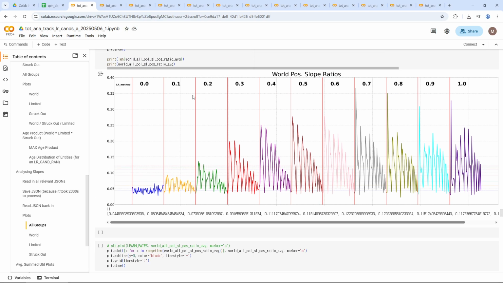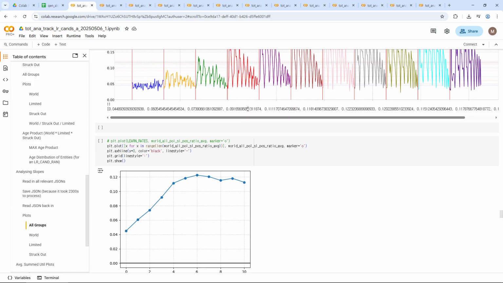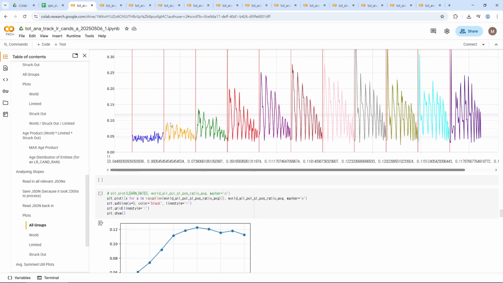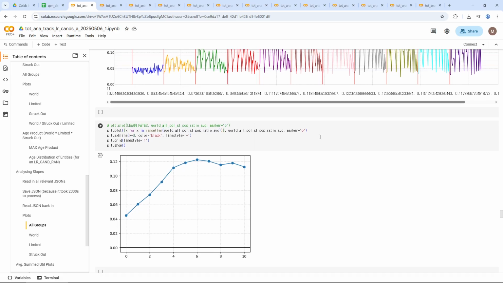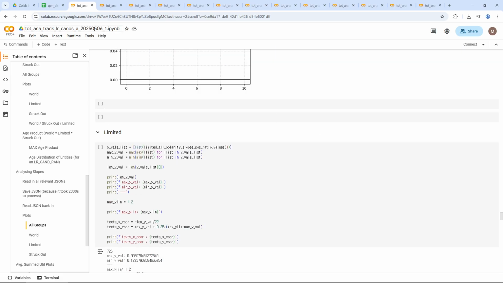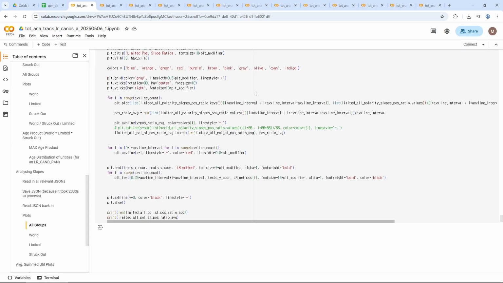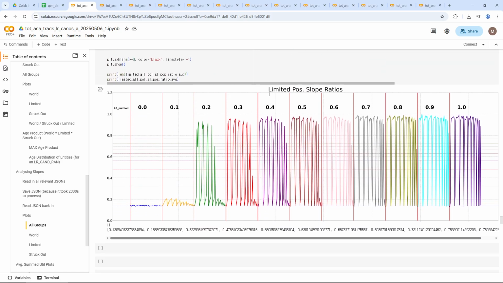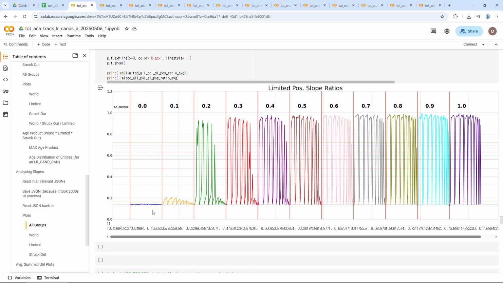Separately, we can have a look here. This is for the world, per learn rate in different colors, and this is the average of each color. This is still from 0506_1. This is for the limited entities.